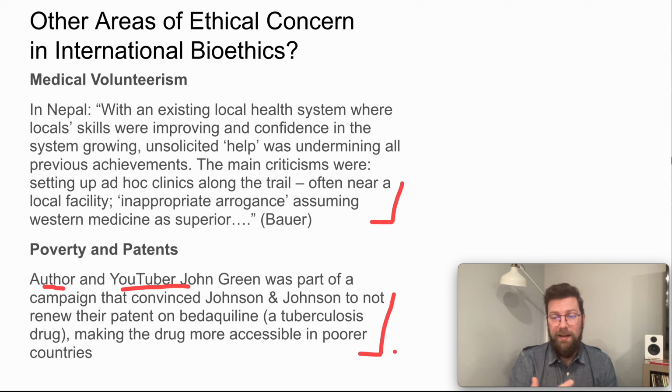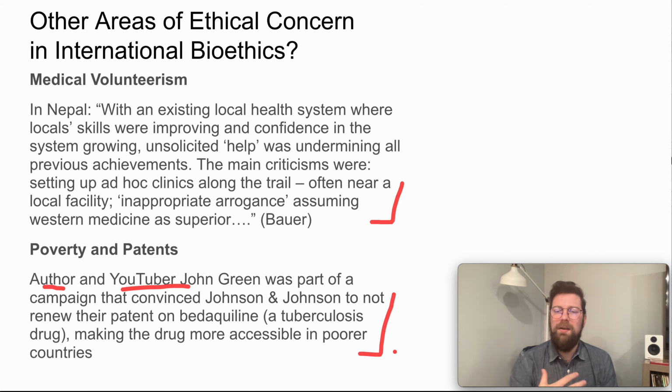And we might think that we have an ethical advancement in a positive direction when a life-saving drug like bedaquiline is no longer patented beyond what a company should do. In the case of bedaquiline, the patent had already been in place for many years, and Johnson & Johnson was trying to renew the patent on the basis of the claim that they had updated the technology in subtle ways. This is a practice that's sometimes referred to as evergreening, trying to keep a patent permanent by making small changes to the drug.